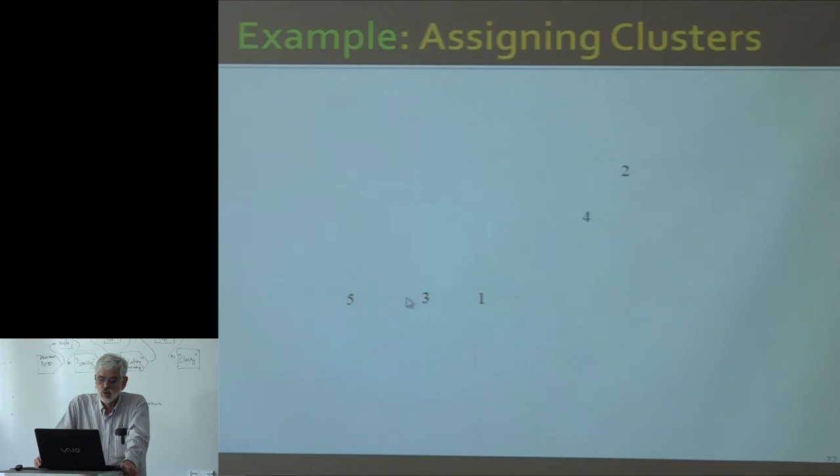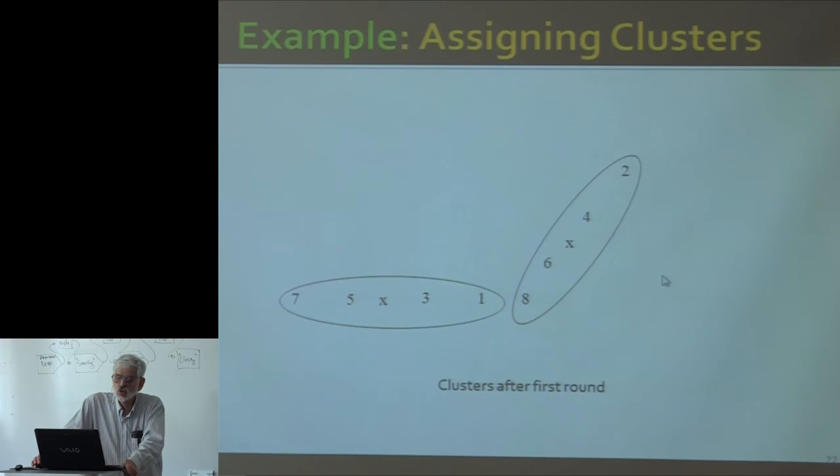The centroid now is somewhere around here. And 6 comes in, the centroid's around there. 7 comes in, again, the centroid is here. 8 comes in, it's closer to the centroid here than to that centroid. So, well, these would be the initial clusters.